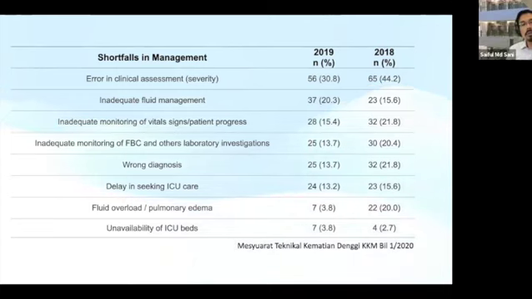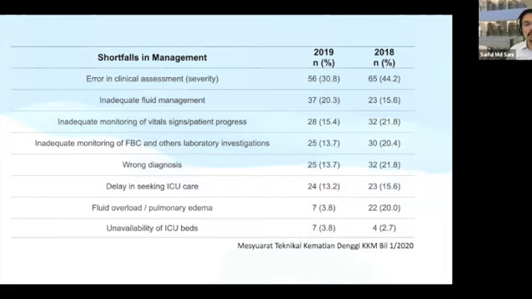Sure. So the Ministry of Health conducts mortality reviews, and these were some examples of how clinical processes impacted the outcome of patients, the events being mortality.